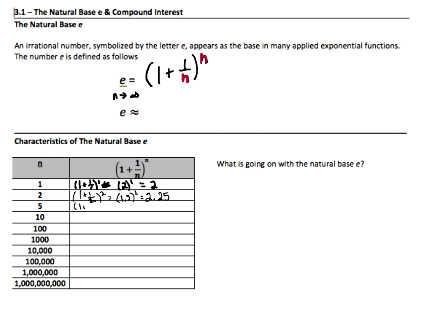Okay, so when n is 5, we have 1 plus 1/5 to the 5th power. So 1 plus 1/5 is 1.2, and when I raise that to the 5th power, I get 2.48832.